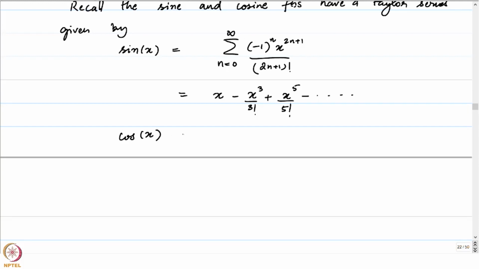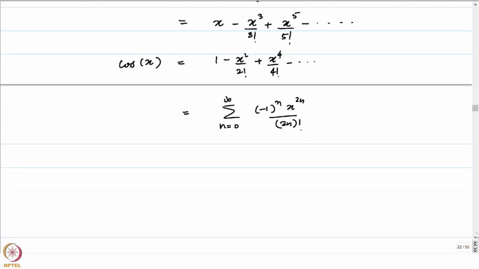Cos of x is 1 minus x square by 2 factorial plus x to the power 4 by 4 factorial and so on. So this is summation n equal to 0 to infinity of minus 1 to the power n x to the power 2n by 2n factorial.